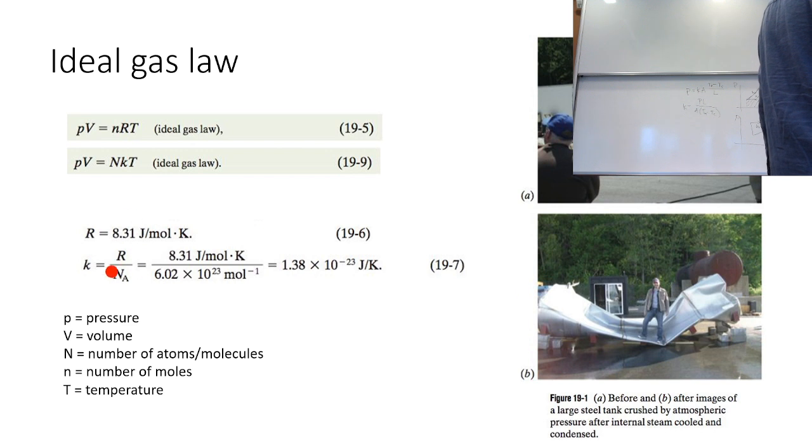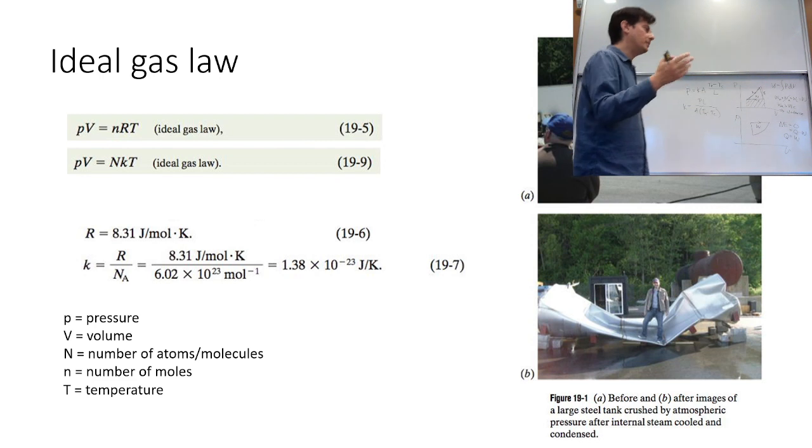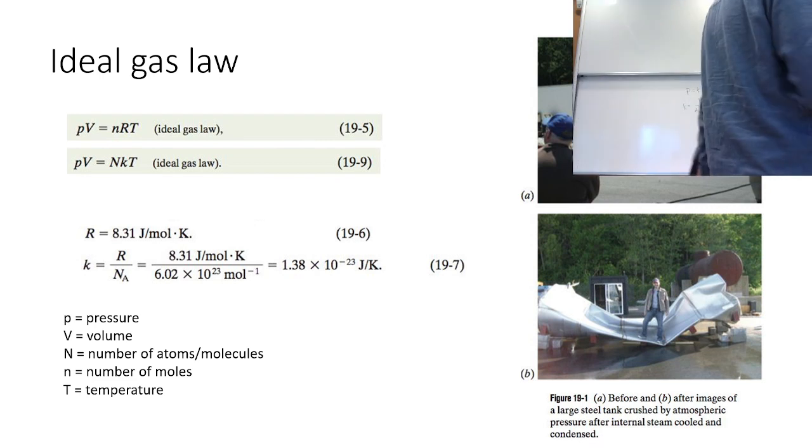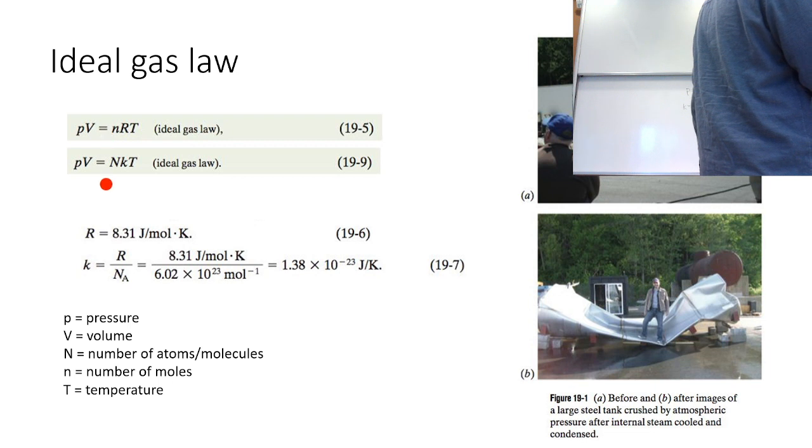So it's somewhat the gas constant, but per molecule, right? It's different units, if you like. And so instead of little n here, which is the number of moles, this is large N, which is the number of actual molecules.